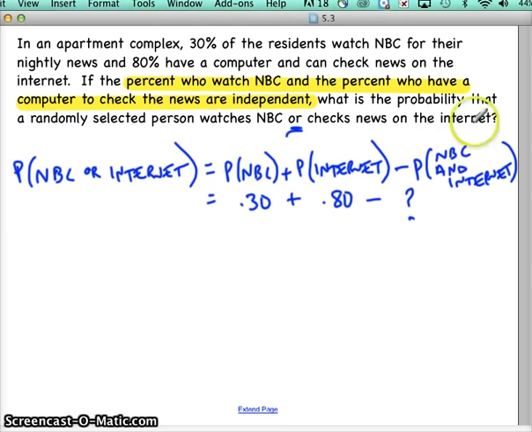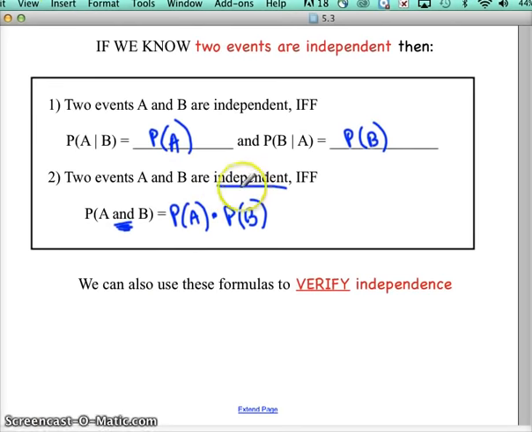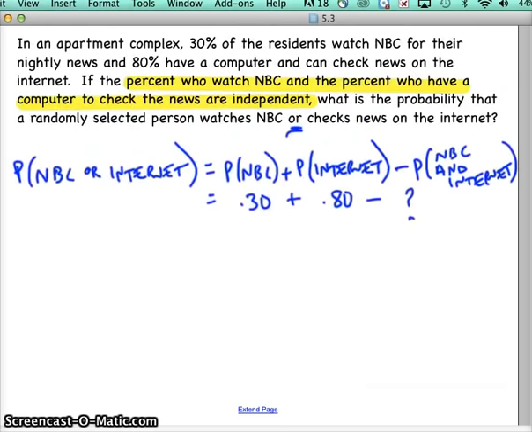Okay, well, how do we figure that out? Well, we're told they're independent. So if we go back to our formulas, if you know they're independent, then and is the two probabilities multiplied together. So and should be, let me erase this now, the two probabilities of NBC and the internet multiplied together. So 0.30 times 0.80.